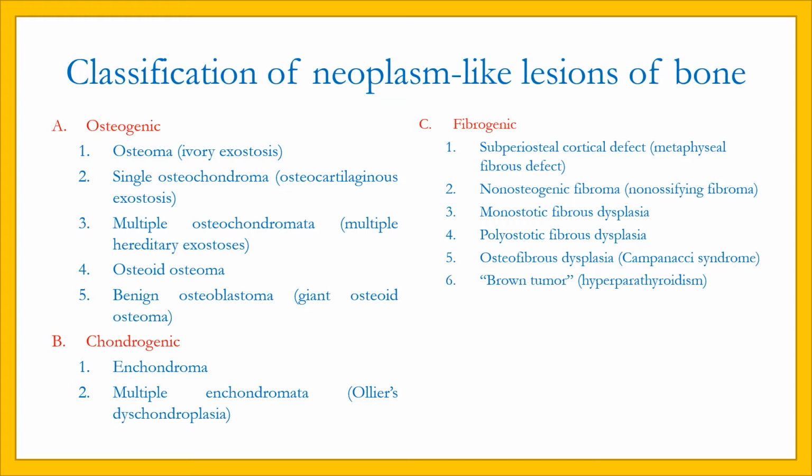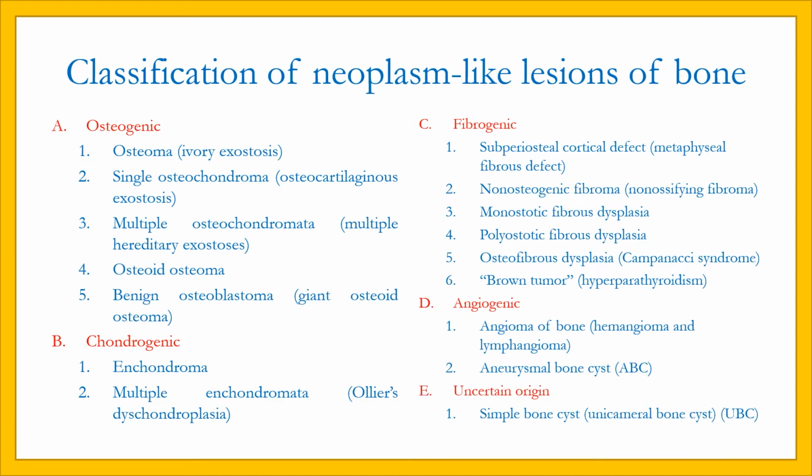Brown tumor of hyperparathyroidism. D. Angiogenic: 1. Angioma of bone, or hemangioma and lymphangioma. 2. Aneurysmal bone cyst or ABC. E. Uncertain origin: 1. Simple bone cyst or unicameral bone cyst, UBC.